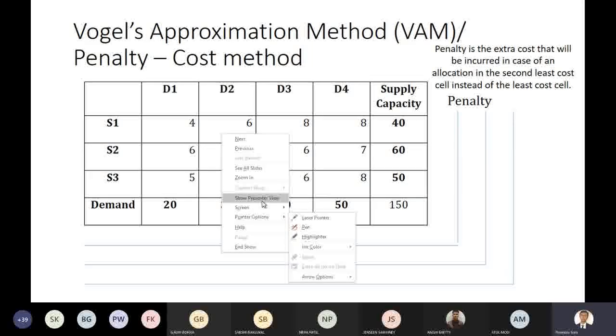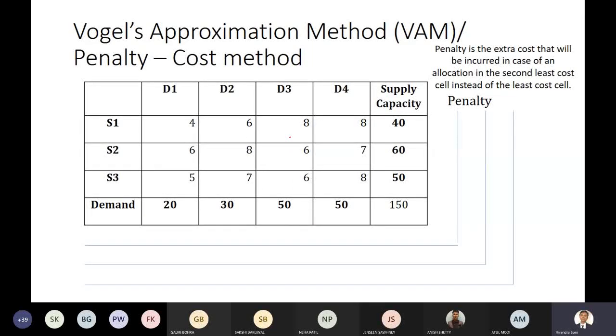So how much extra may I be required to pay? Six minus 4. So it would be 2. Is everybody following it?